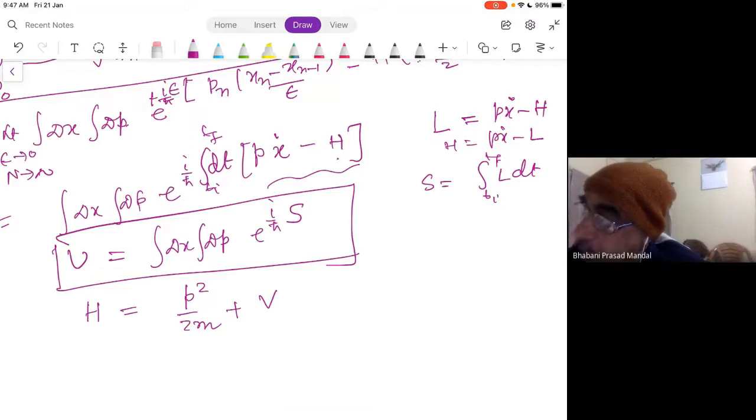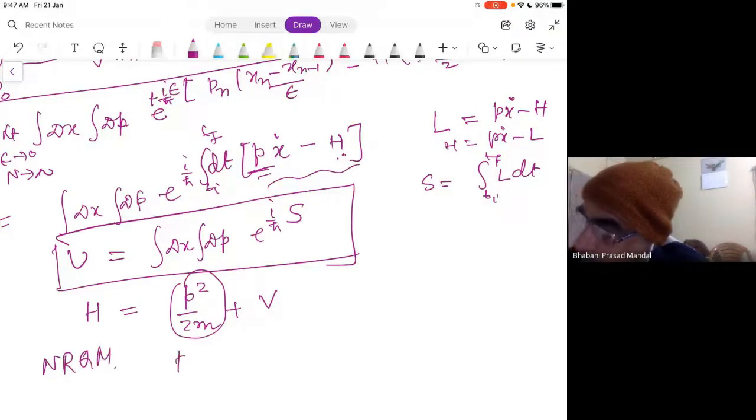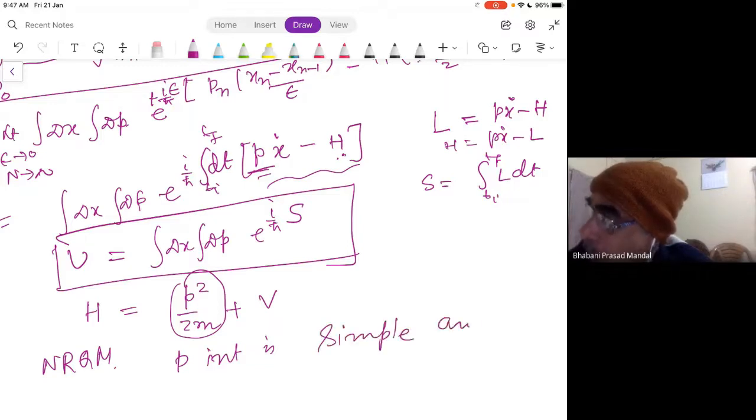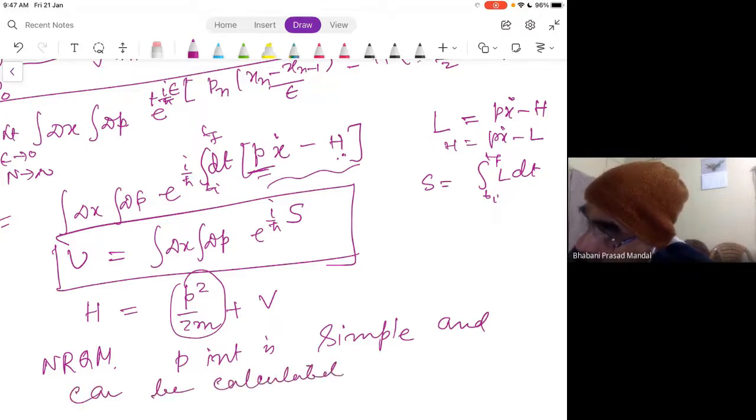Now if I write your H as p square by 2m and there is a p here, so this is basically a quadratic integration. For non-relativistic quantum mechanics, the p integration is simple and can be calculated.